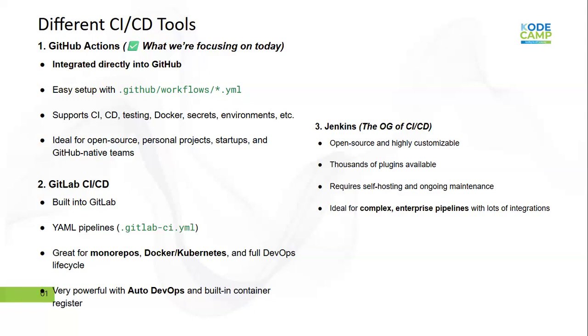It's a direct competition, so it's the same thing. Once you host your project in GitLab, it has this DevOps feature where you set up, and once you set up, you can now run everything. It is great for monorepos, Docker, and the full DevOps lifecycle.